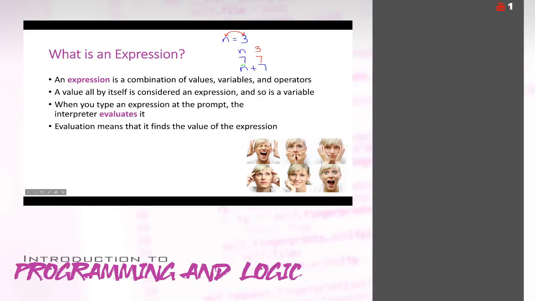So we could swap that out and say 3 plus 7. So this would evaluate to 10. So all we're doing is finding the value of an expression through the process of evaluation. That's all that's going on here. So this is really quite a simple process that our interpreter is conducting here.